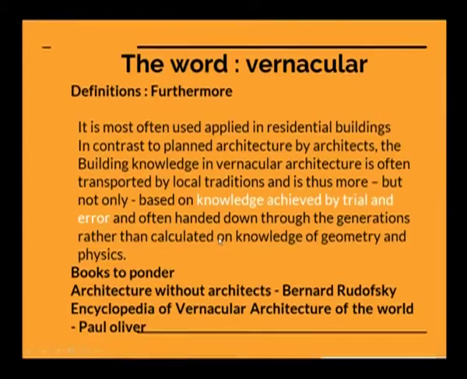So, this is a generation of trial and errors, which makes it starkly contrasting to architecture, which is most systematic and based on geometry, but not only based on knowledge achieved by trial and error, and often handed down through generations rather than calculated on knowledge of geometry and physics. So, the architecture today is dependent on a lot of aesthetics which is governed by geometry, physics, fashion.